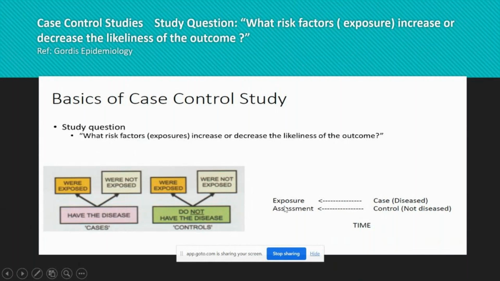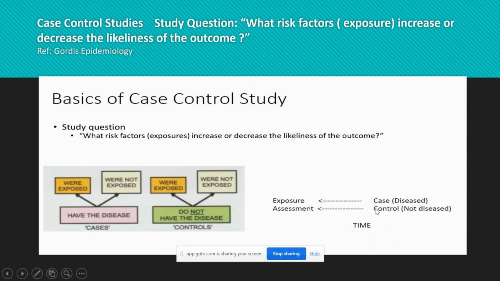So if a person has had exposure and developed disease, we define them as the cases. For the cases, you have to give a specific definition. And then for the people who were also exposed, but are not having the disease, we are going to compare these two groups: why a certain number of people developed disease and why others have not.